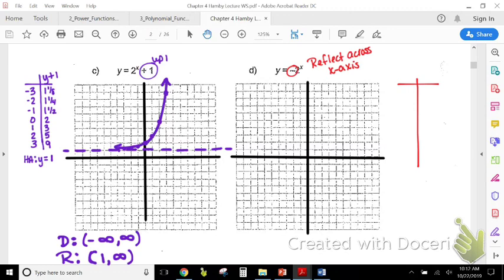So does that affect my x or my y's? My y's. So what am I going to do to my y's? They're going to change signs. Technically, it says negative 1 times 2 to the x, right? So technically, we're multiplying by negative 1. So my x's aren't going to change.